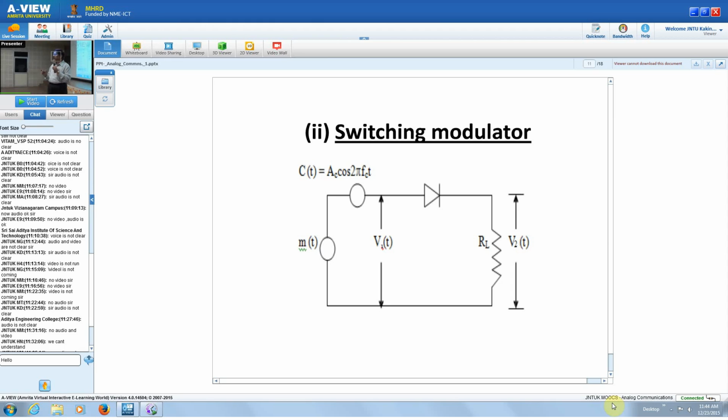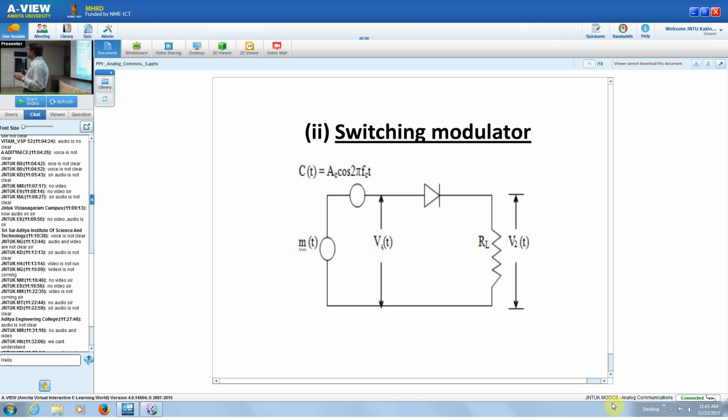Therefore, the switching characteristic of your diode depends on the amplitude of your carrier signal C of t, right? Because your M of t is very small, the carrier amplitude is going to be controlling the switching characteristics of your diode. And we are going to assume that the diode is an ideal diode.